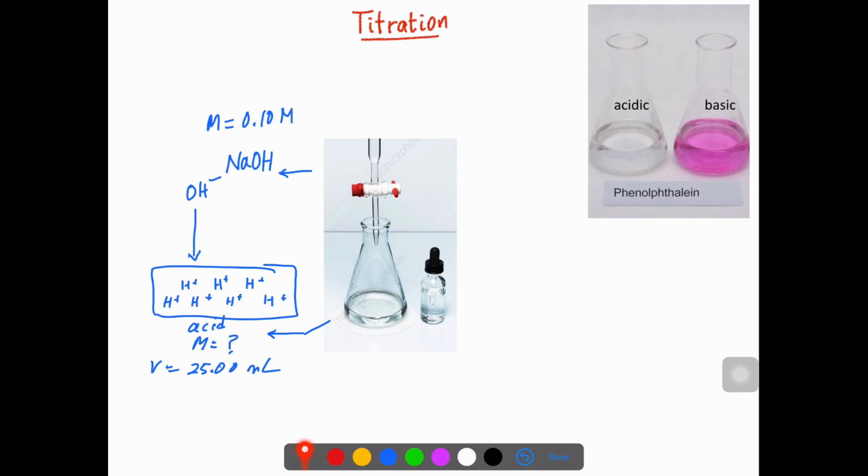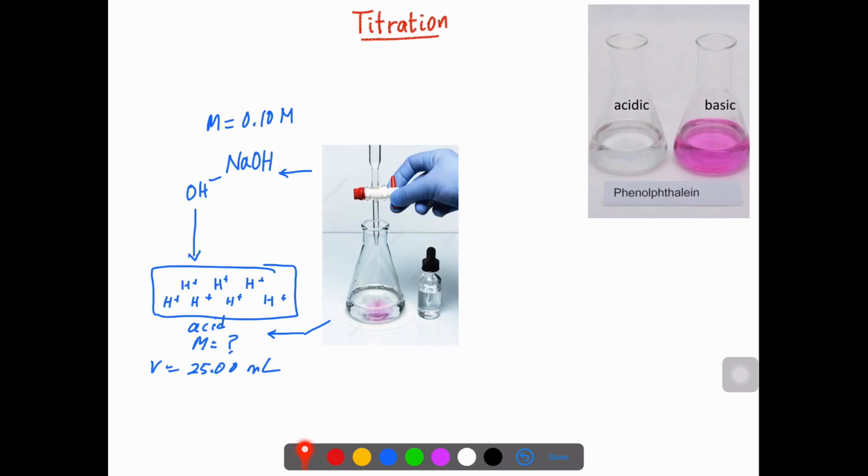As you keep adding the base slowly, drop by drop, you're going to see a pink drop because of the base added, but that pink is going to disappear quickly because the hydroxide added reacts with your protons. If I put one more hydroxide into the solution, it's going to react with a proton, and both are going to neutralize each other to make water.